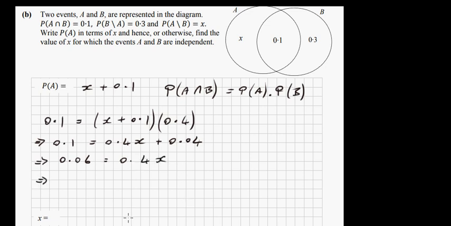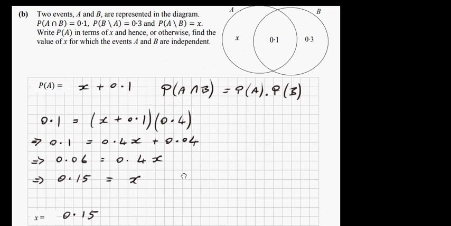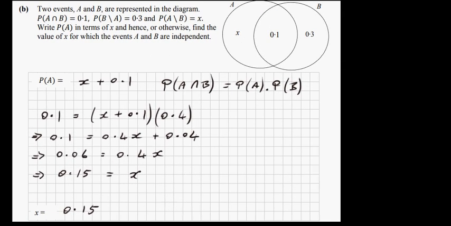Divide across by 0.4, and 0.15 is equal to X. So that's our answer then, 0.15. So now we know what the probability of A less B is. Okay, and I think that was it. I don't think I have anything else down here to do. No, that's it. So that's it for these two questions.